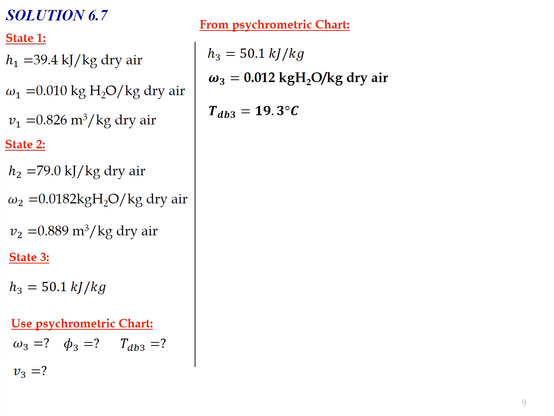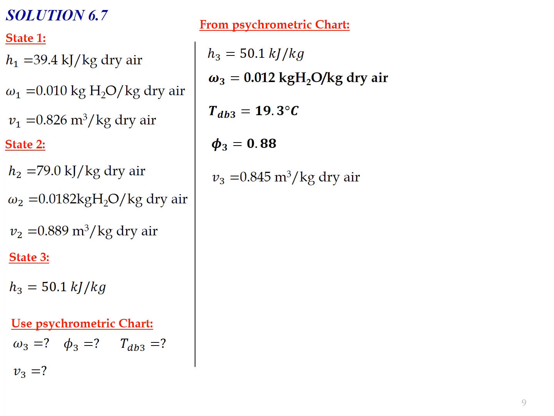And then the dry bulb temperature for state number 3 equal to 19.3 degrees Celsius. Relative humidity phi 3 equal to 0.88 or 88%. And also we obtained the specific volume for state number 3, V3 equals 0.845 meter cubic per kg dry air.